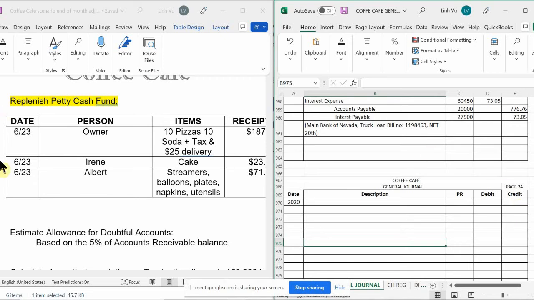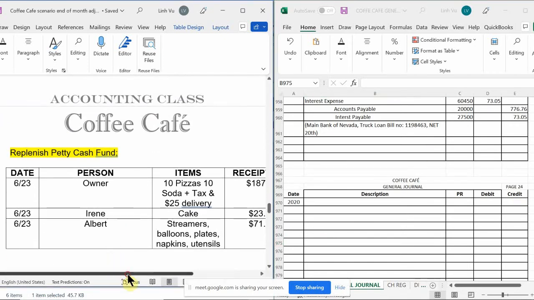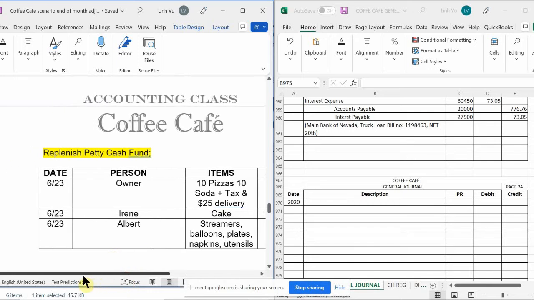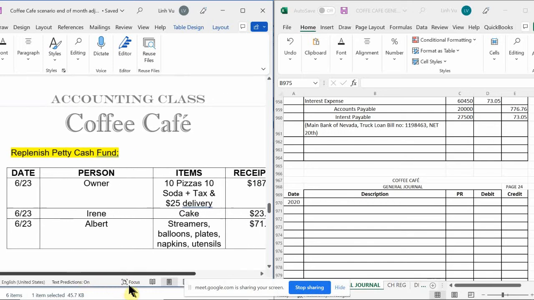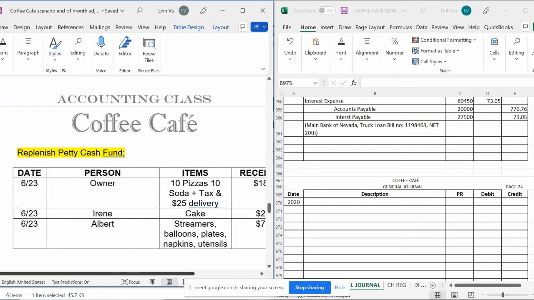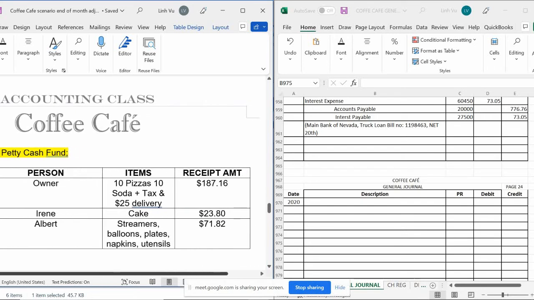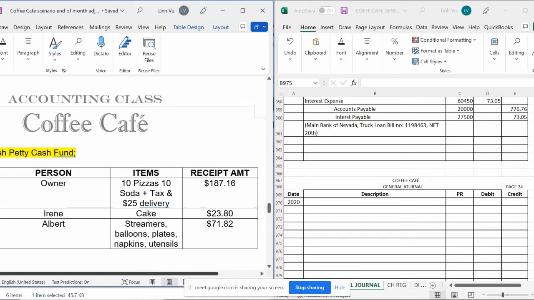So here you go. This one says right here that we need to now replenish the petty cash fund. So this is what happened. On June 23rd, the owner took some money to buy 10 pizzas and 10 sodas plus tax and $25 delivery, and paid $187.16.